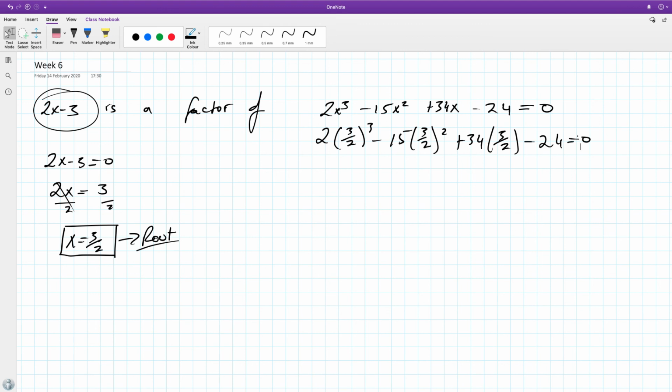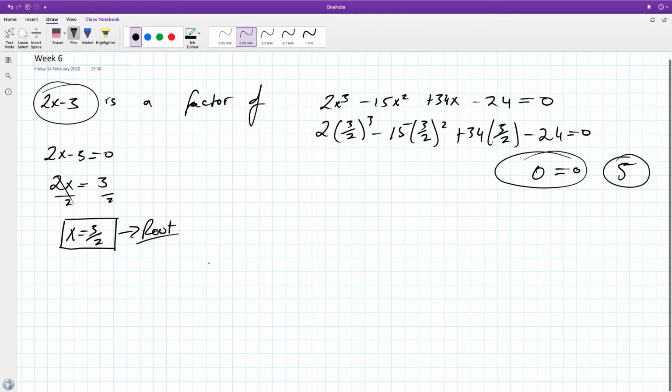And we're getting 0. So you actually get 5 marks for doing that in a Leaving Cert exam by just showing it. If they ask you to show it, there's 5 marks, and that comes up.